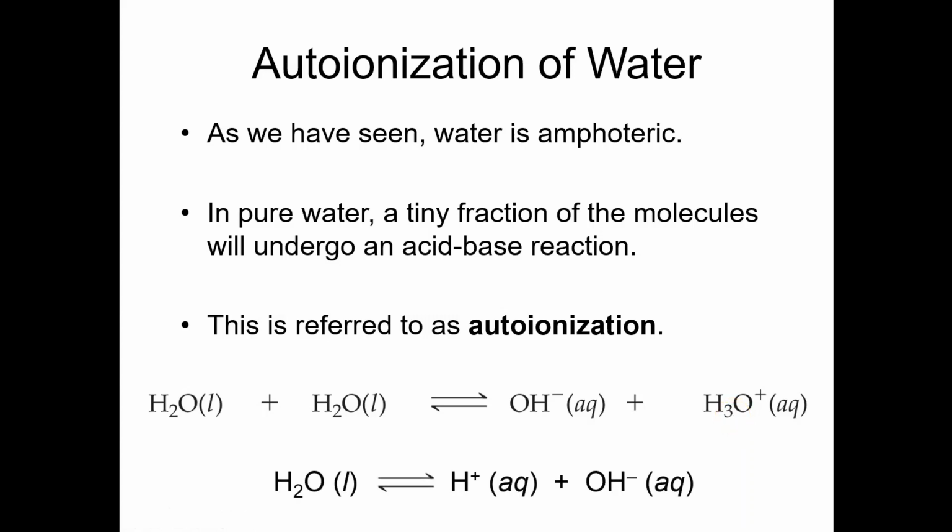Of course, the other way to write this is to leave out one of the water molecules and think of it, instead of 2 water molecules reacting, which is actually what's happening, as just 1 water molecule ionizing into H plus and OH minus. You're welcome to consider this occurring in either one of these ways.